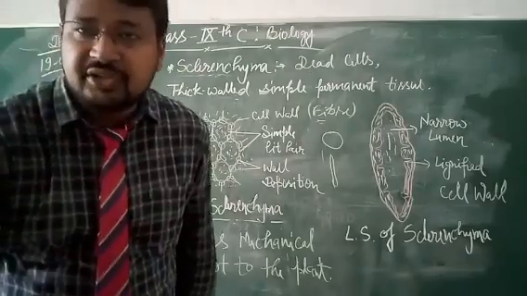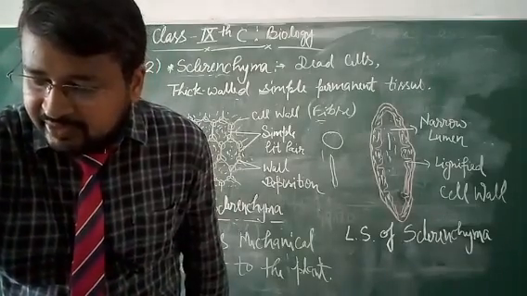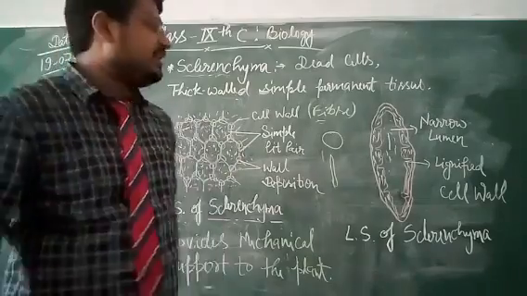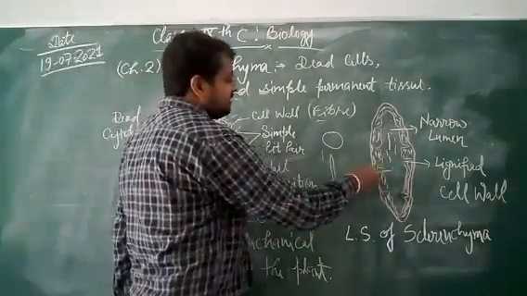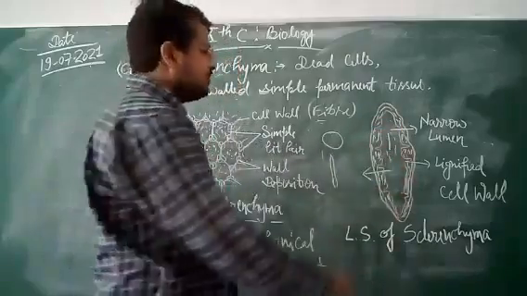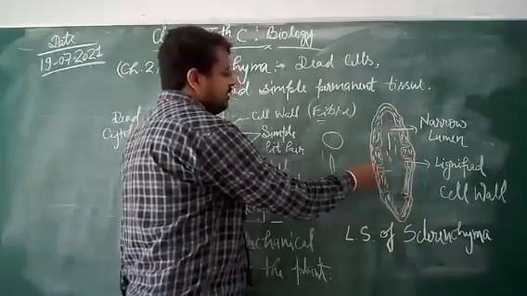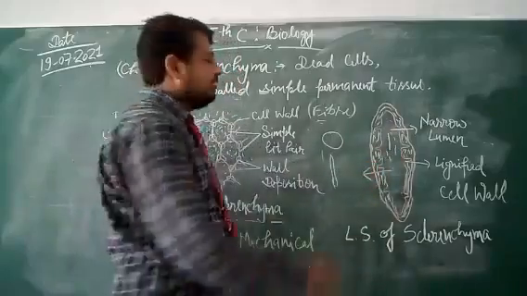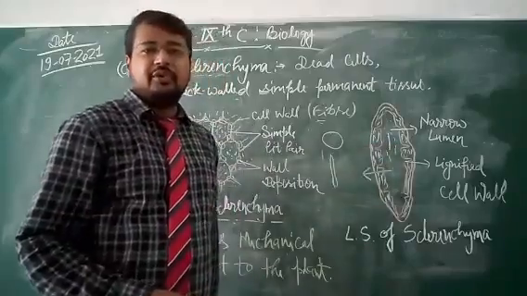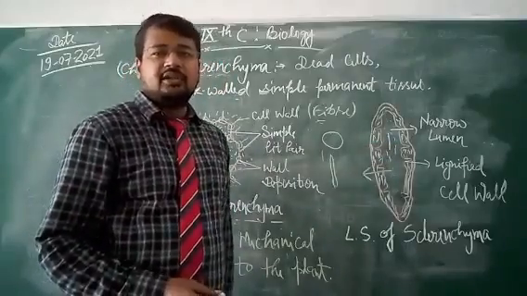And some other features that are mentioned in the book is that these are dead cells with very narrow cell cavities. This cell cavity that we are discussing, these cell cavities are narrow because the protoplasm is dead and dry. If the cells are living, then the lumen will be wide. There is accumulation of different types of nutrients and water.